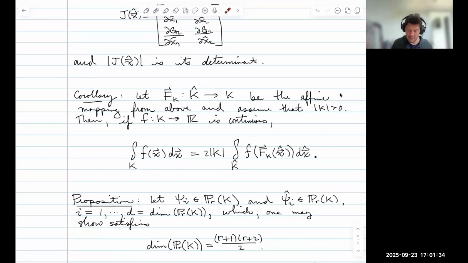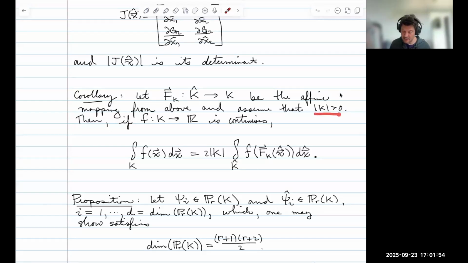And we're going to use, of course, the simplest transformation from K hat into K, the canonical affine mapping. So suppose that F_K is that affine mapping from above, which takes the reference triangle into our triangle of the mesh.